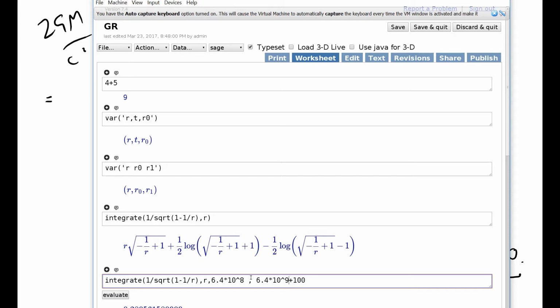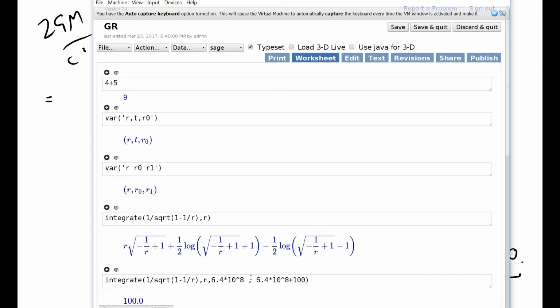Oh, that's 10 to the power 9. So you remember the Schwarzschild radius was 8.8 millimeters, and so we're going to climb up 100 Schwarzschild radii, in Schwarzschild radius units, and see how far we actually have to climb.